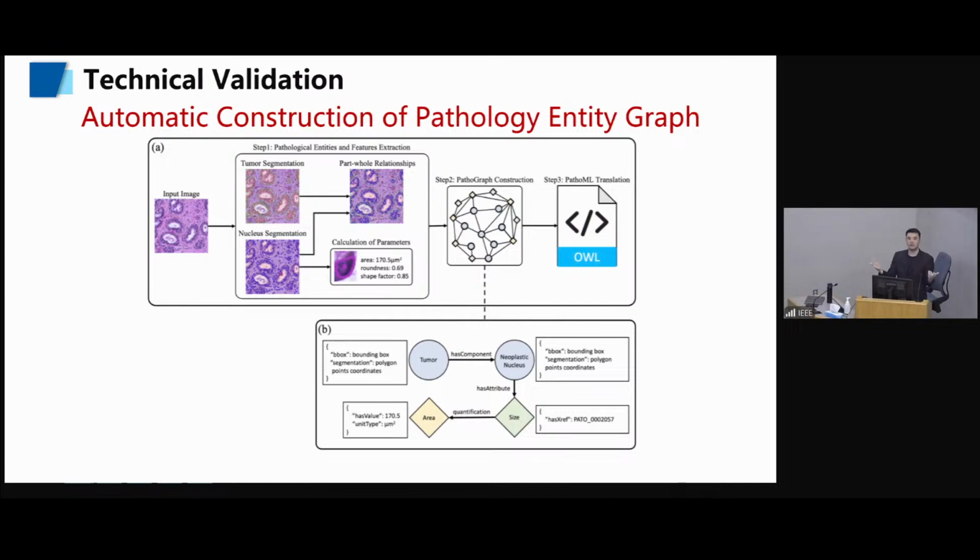In HE slides, the number of cells could be over millions, and the number of bigger tissues could be around 100. So it is very hard to develop segment-everything for pathology images. Right, but it's still necessary.